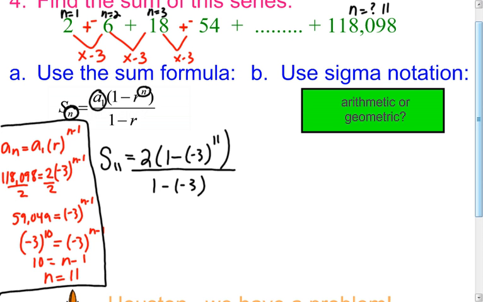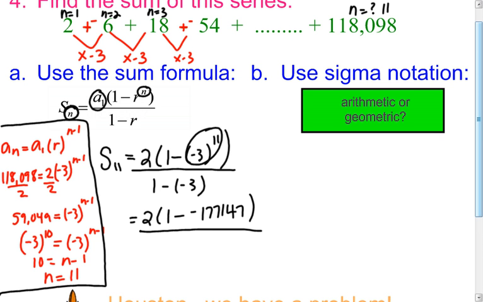When I do that, I will have 2 times 1 minus, and when I take negative 3 to the 11th power, make sure you put that in parentheses. When I do that, I get negative 177,147. And then on the bottom, minus a negative can be added, and I'll get 4.